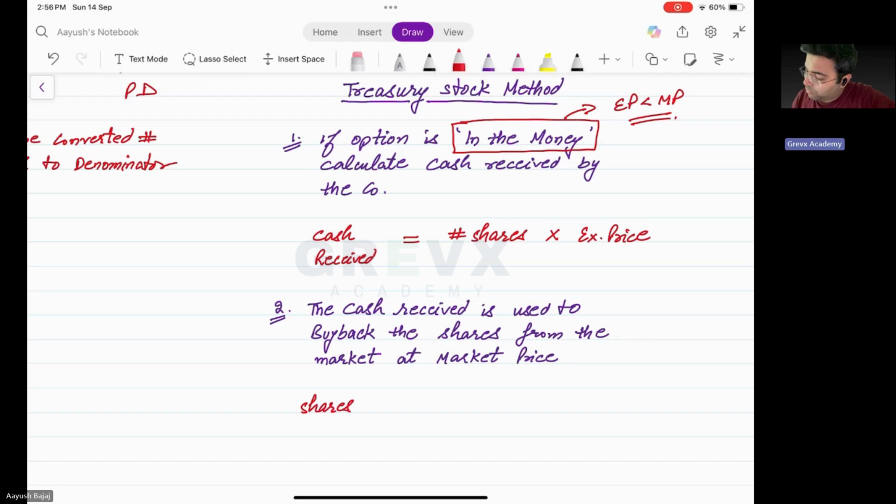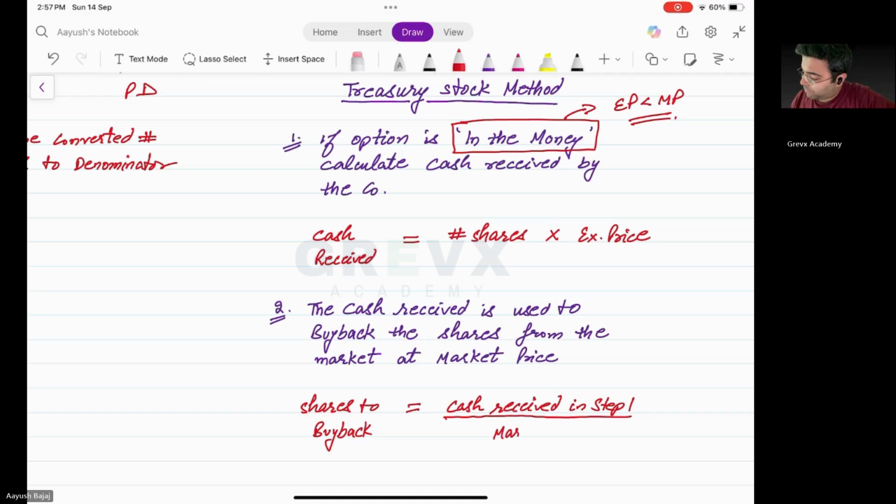And how will you compute the shares to buy back? This is the cash received in step one, and you divide it by the market price. Divided by the market price.